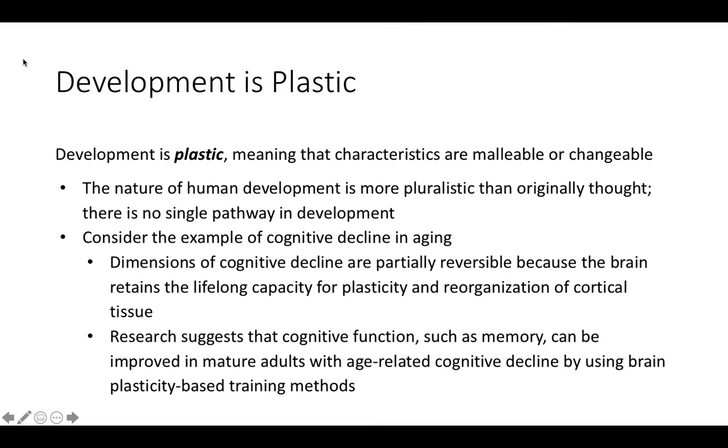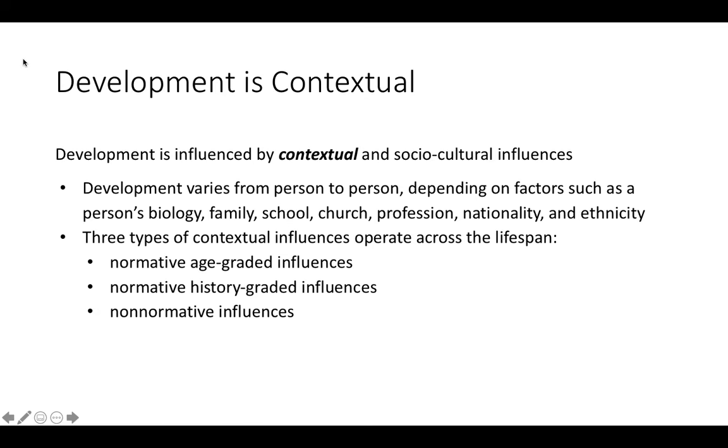So dimensions of cognitive decline are partially reversible because the brain retains the lifelong capacity for plasticity and reorganization of cortical tissue. And research suggests that cognitive functions such as memory can be improved in mature adults with age-related cognitive decline by using brain plasticity-based training methods.